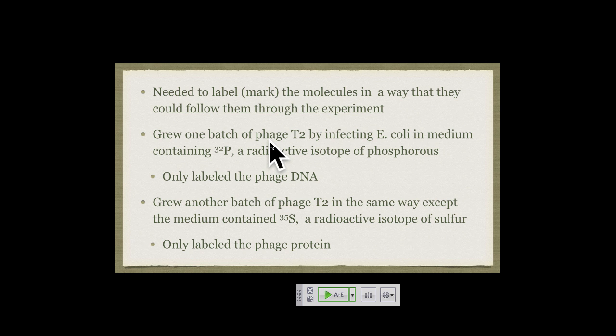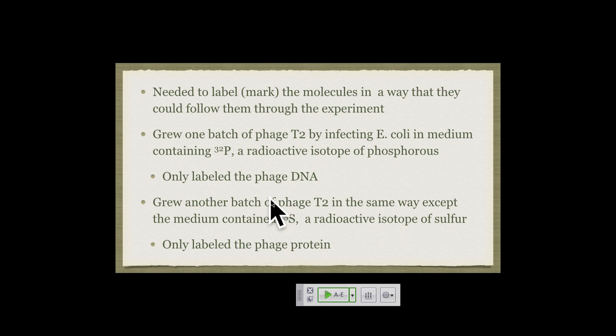So they know the phage are protein and DNA. Which molecule is going to get labeled by the phosphate? The DNA. It's not going to label the protein. In a separate batch, they did the same thing, but now they put S35, a radioisotope of sulfur, in there, which would label the protein, but not the DNA.